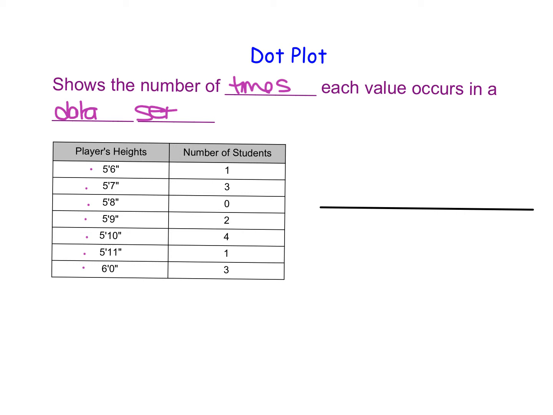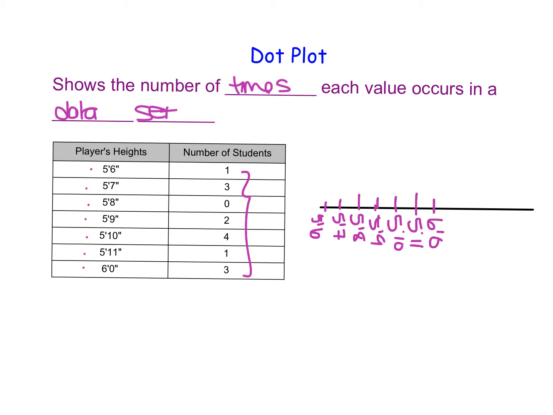In this case, we have a height, and then we're going to represent how many of each there are by using dots above that piece on the number line. So here we have 5'6, 5'7, 5'8, 5'9, 5'10, 5'11, and 6 feet.